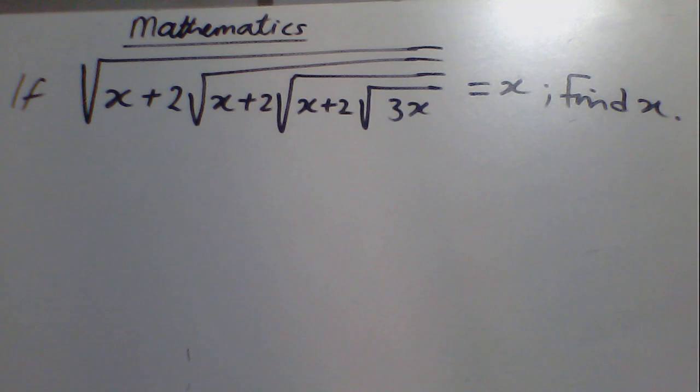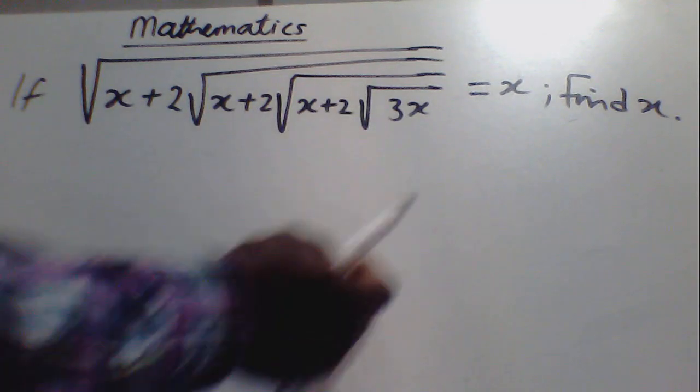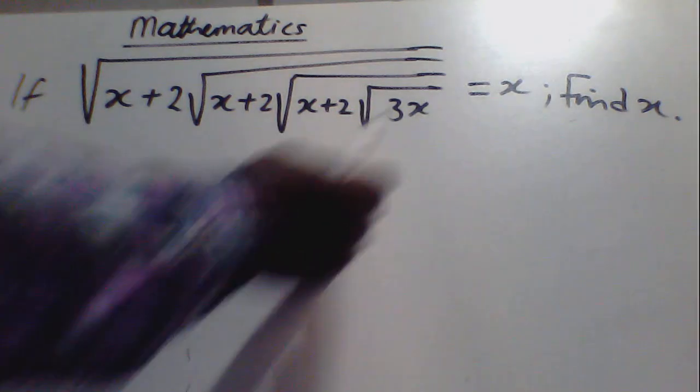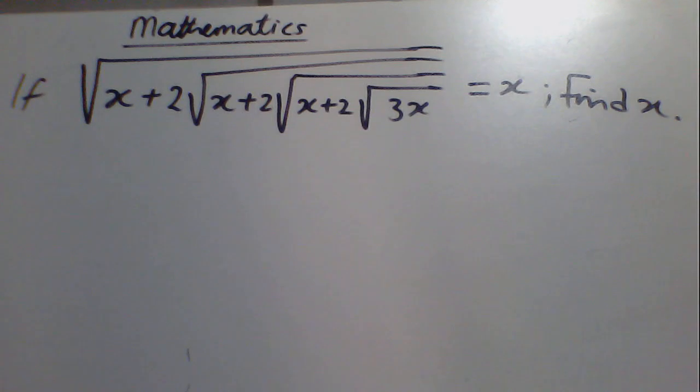If you try 1, that gives the square root of 3, which is not a whole number. If you try 2, that gives the square root of 6. So the next number that, multiplied by 3, gives a perfect square is 3.